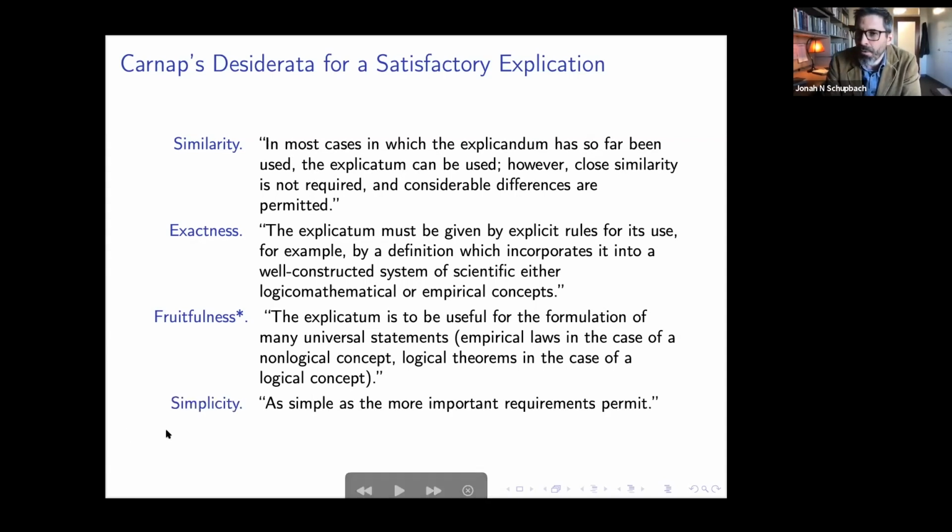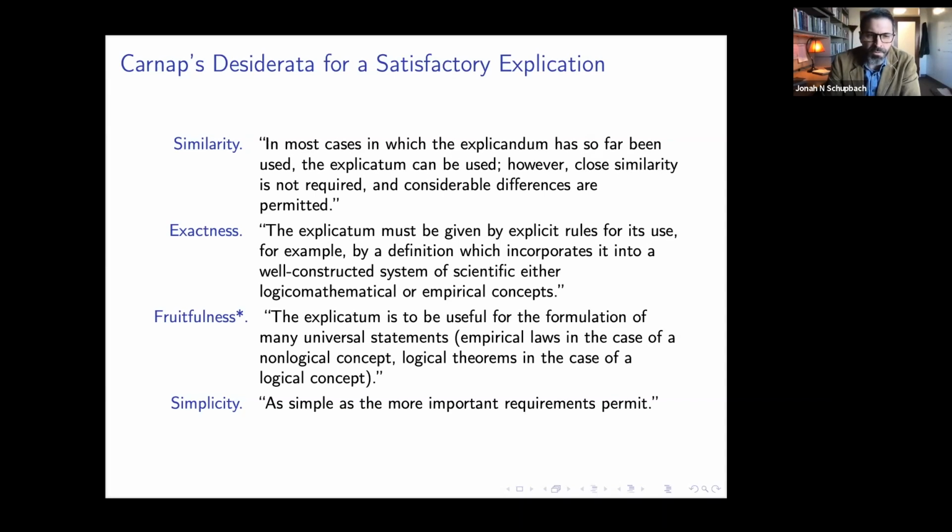And then finally, the fourth desideratum is simplicity. And Carnap says the least about this requirement. In his examples, he seems to convey the idea that simplicity is something we evaluate not only in the statement of the explicatum, but also in the statement of the laws that we can derive using the explicatum.